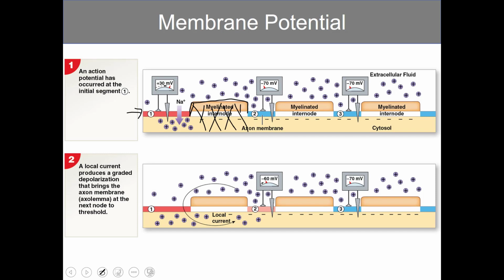No ions can move in or out because it is literally insulated with this myelin. So the only regions that allow for the movement of ions in or out of the cells are these regions here and here and here and here. So essentially you get this jumping that occurs over these myelinated regions.